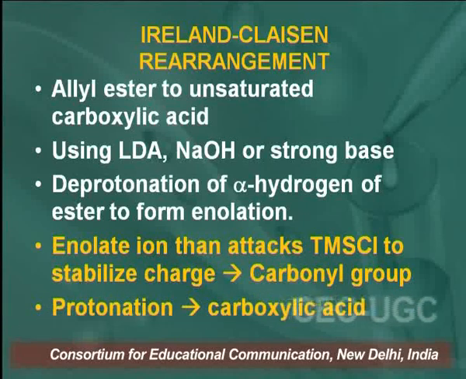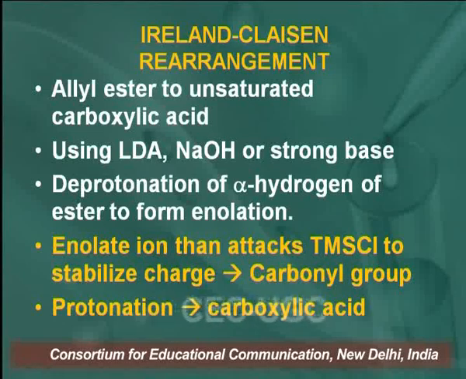So the reaction takes place using LDA, NaOH or any strong base. Here deprotonation of the alpha hydrogen of the ester takes place to form an enolate ion. So that enolate ion then attacks TMSCl to stabilize the charge, and then it converts into a carbonyl group.